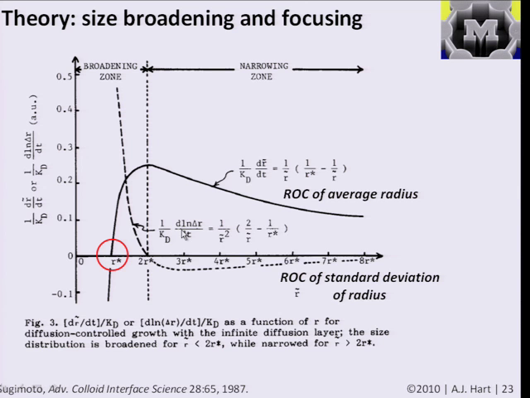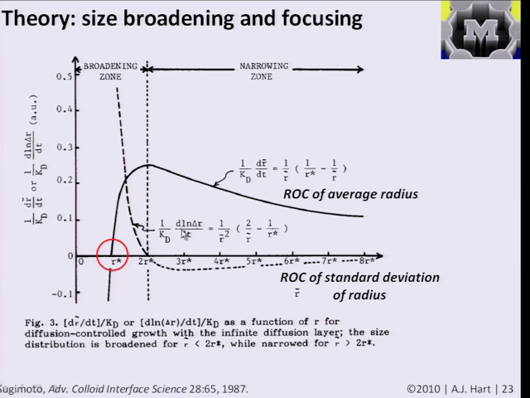And as the value of the average radius relative to the critical concentration increases, then the growth rate of the particles actually reaches a maximum and then goes down. However, the rate of change of the standard deviation goes from positive to negative as you cross this boundary of twice the value of R star.